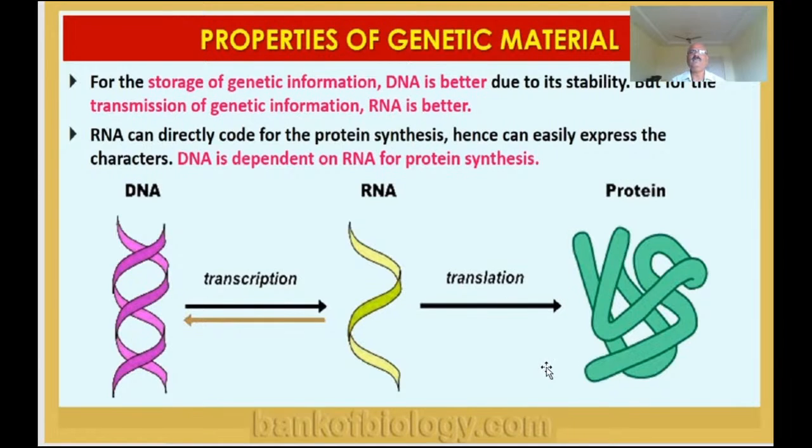So, formation of mRNA from DNA is called transcription. That means simply, the protein is synthesized in the ribosome. What type of protein is required by the cell is decided by DNA.